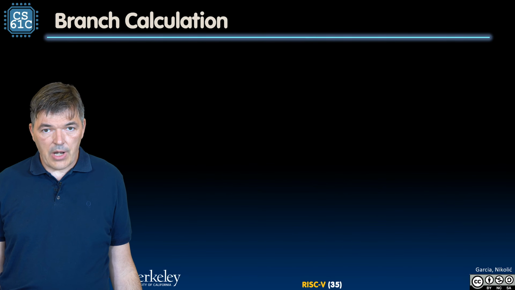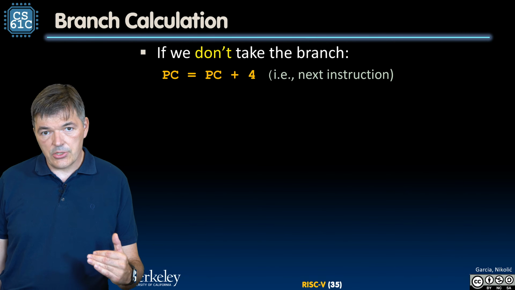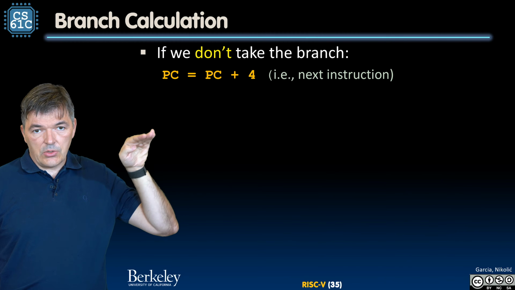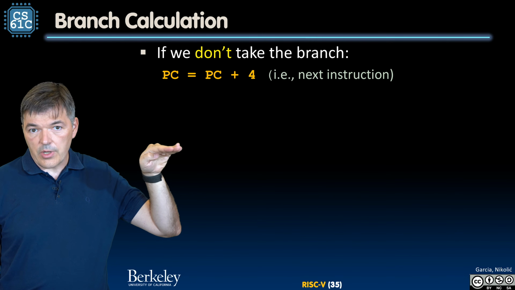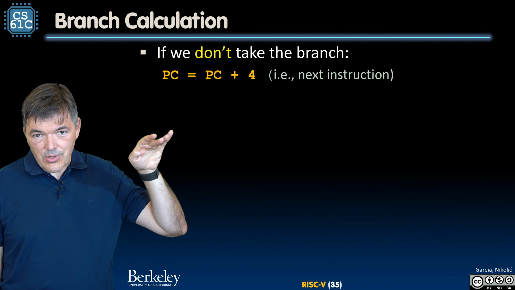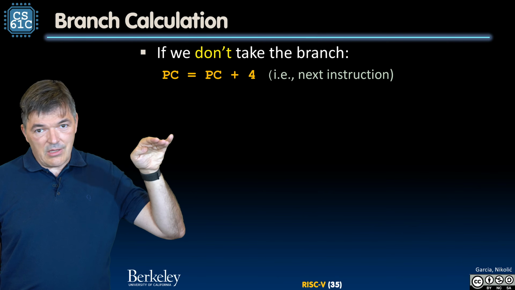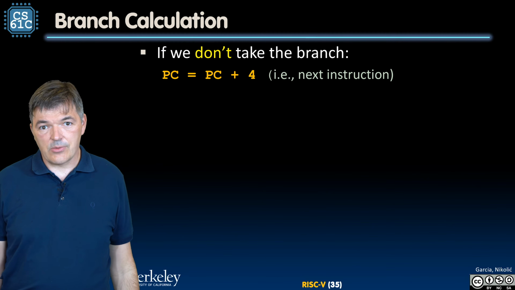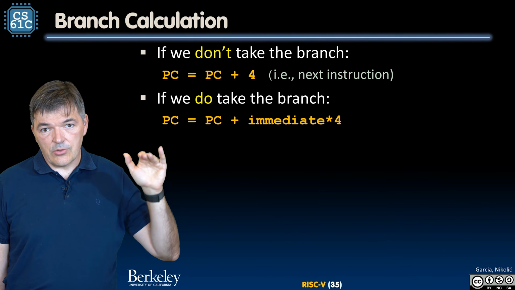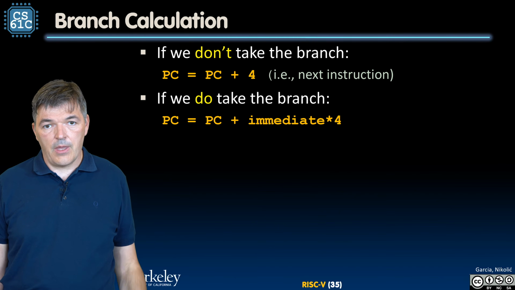So here is how the branch calculation would work. If we don't take the branch, our program counter would point to the next instruction in the code. Where is the next instruction in the code? Well, it is in the next word, which is exactly 4 bytes away. We have seen that before. If we do take the branch, we need to calculate the offset with respect to the program counter.